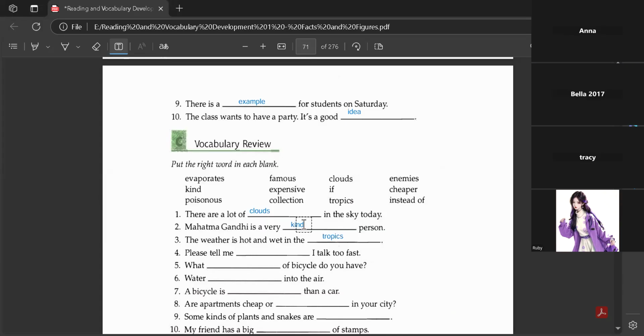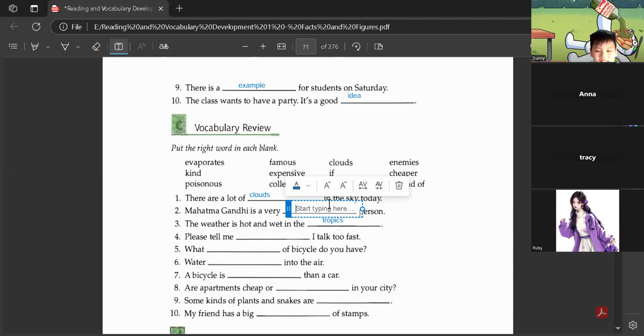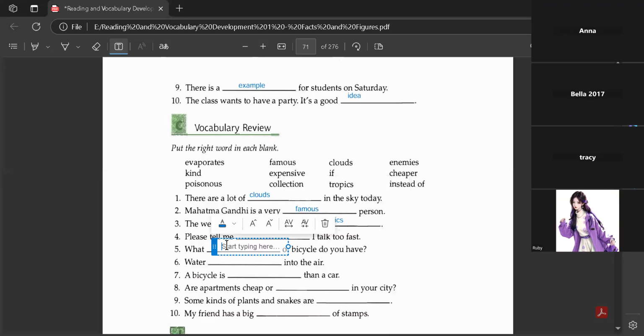Number five, what kind of bicycle do you have? Yeah. Very nice, guys. So according to Danny and Anna, it should be famous here. And what types of bicycle do you have?